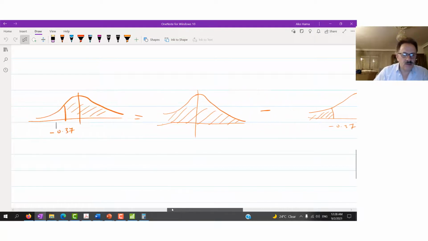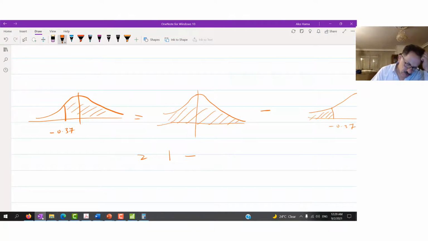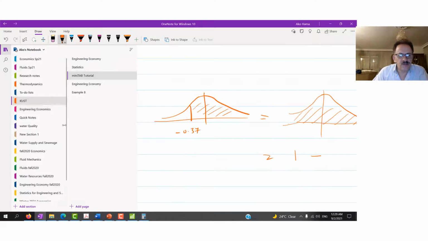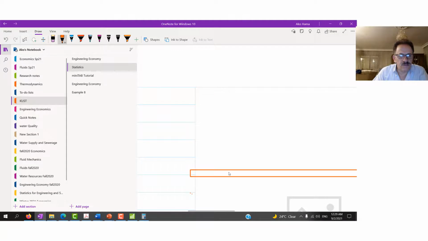Why am I doing this? Because I have to use the curve. So this area is equal to the whole area minus this area. The whole area is 1 minus this area. It's from minus infinity to minus 0.37. So I can find minus 0.37 from the graph.